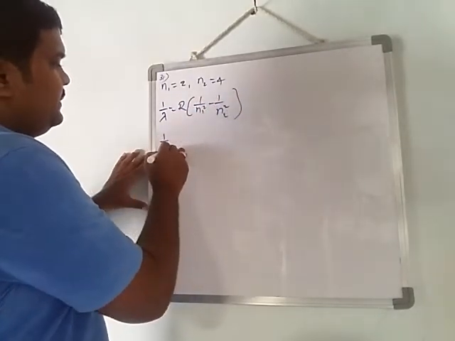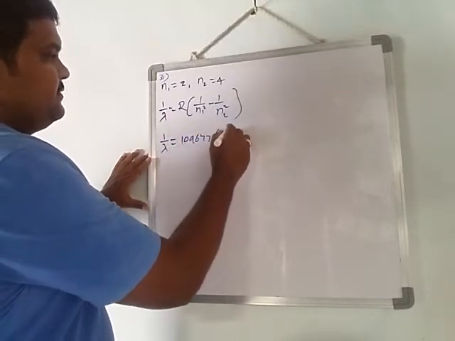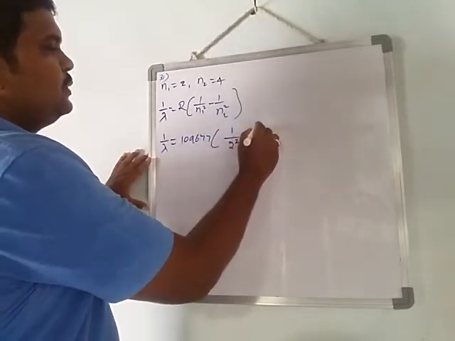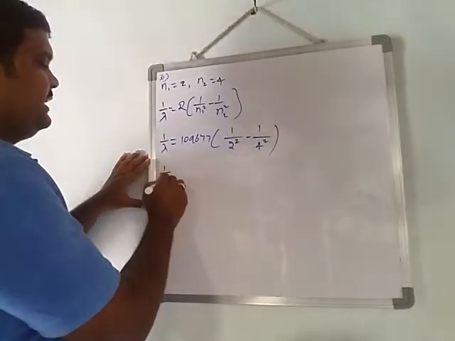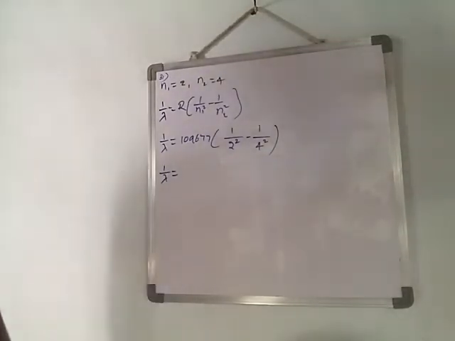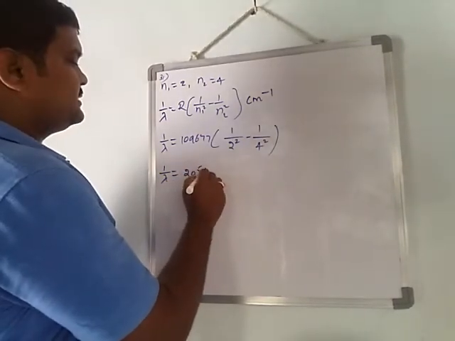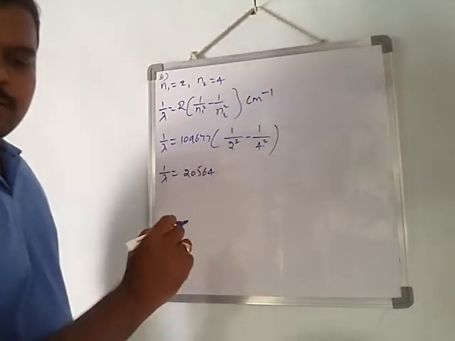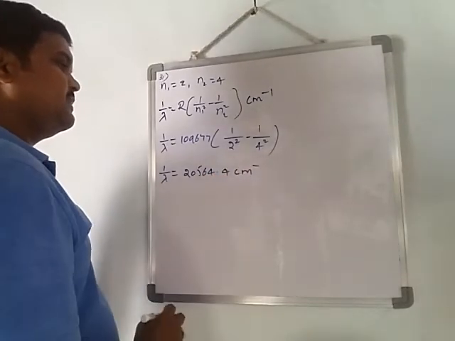So 1 by lambda is equal to 109677 into (1 by 2 square minus 1 by 4 square). So 1 by lambda, is it clear? That is 20564.4 centimeter inverse.